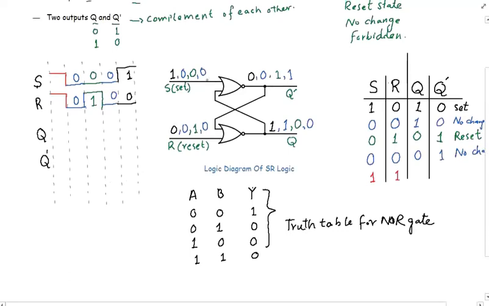Finally we have the condition of 1 1, if we apply 1 at both inputs of the SR latch. If we supply 1 and 1 at both inputs, what will happen? The result is 0 at this gate and also 0 at this gate. So we have 0 and 0 at both outputs of the SR latch, but this condition is forbidden.